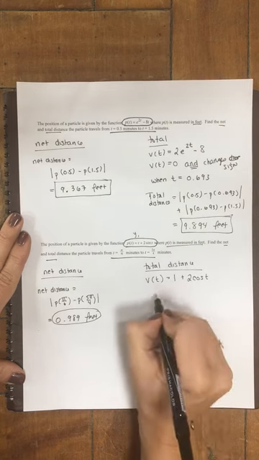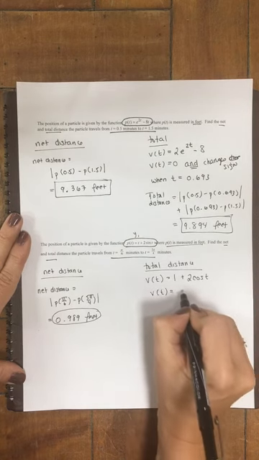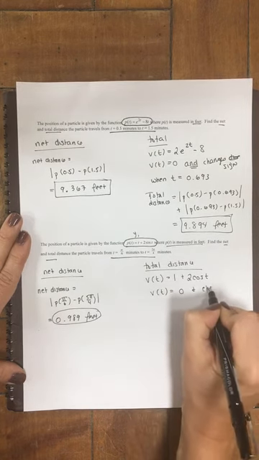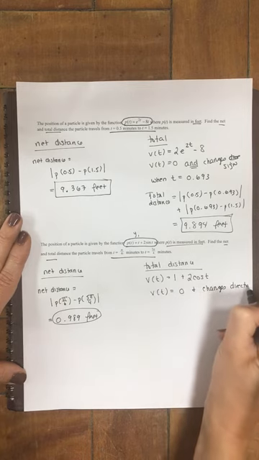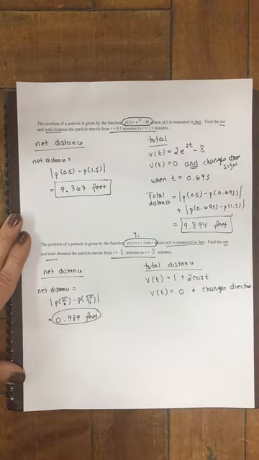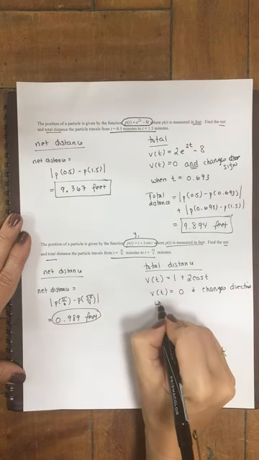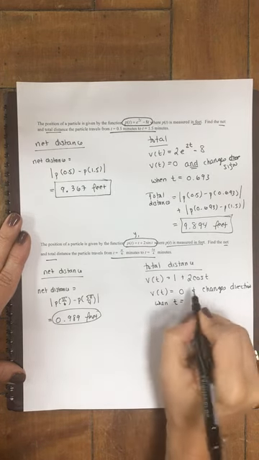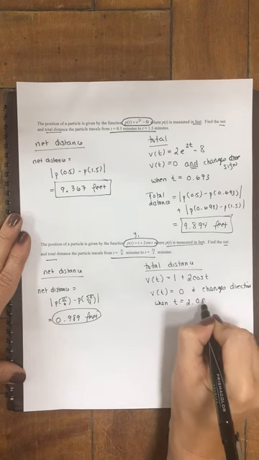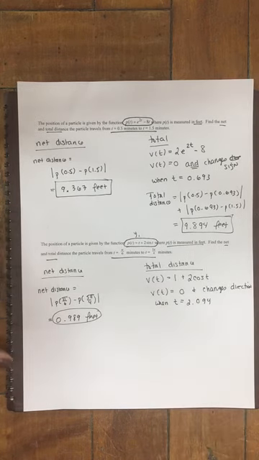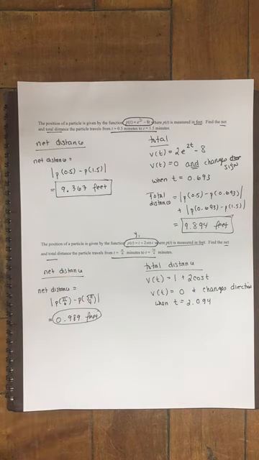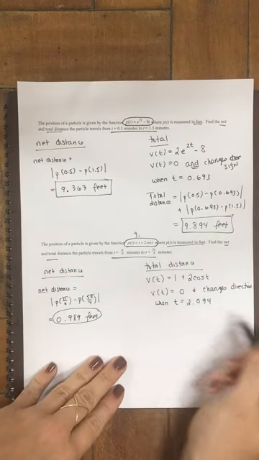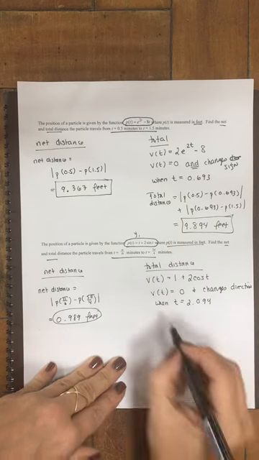We need to see where v of t is equal to 0 and where it changes direction. Calculator stuff, you're going to use second calc zero. This happens when t is equal to 2.094 minutes. So the particle is changing direction, left to right or right to left.